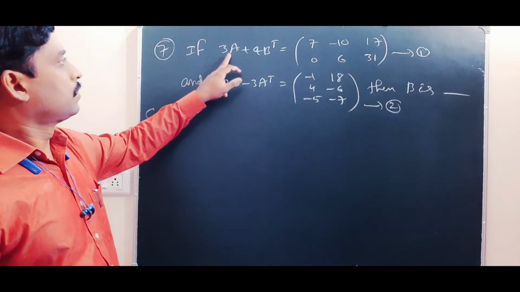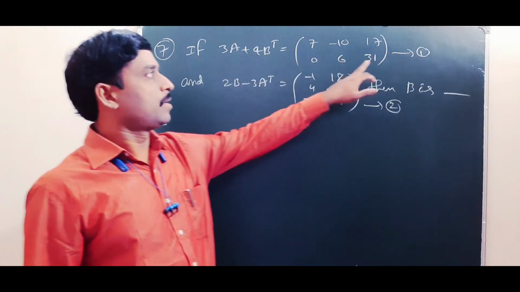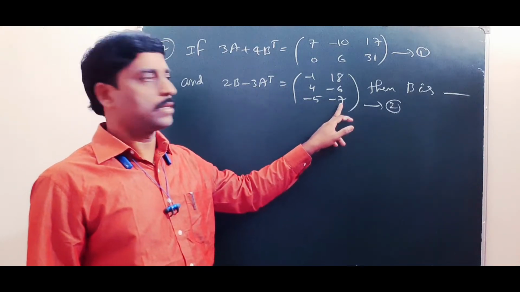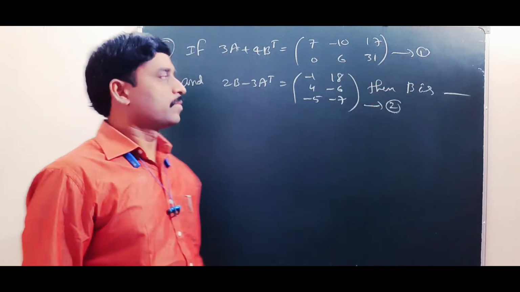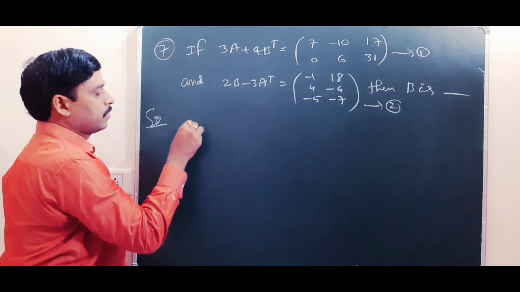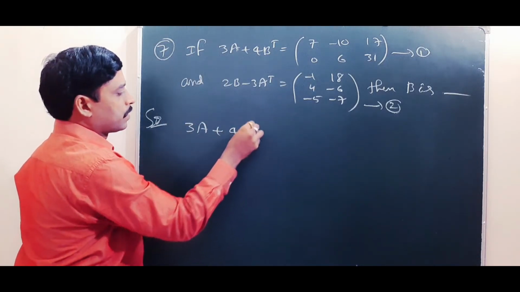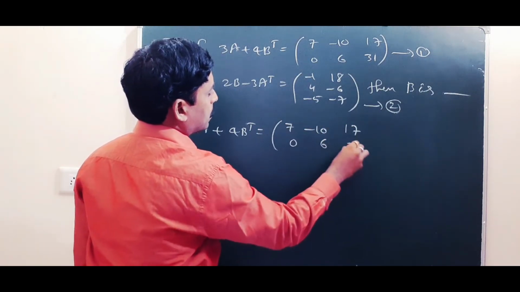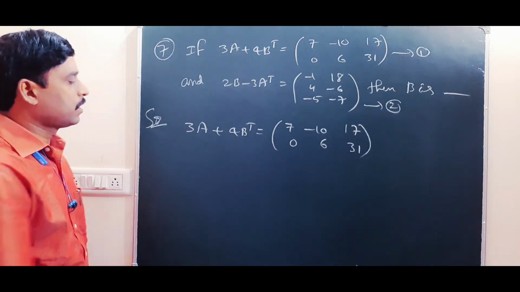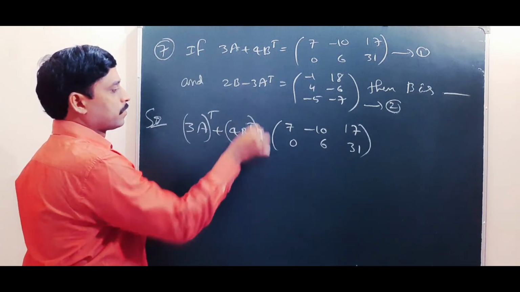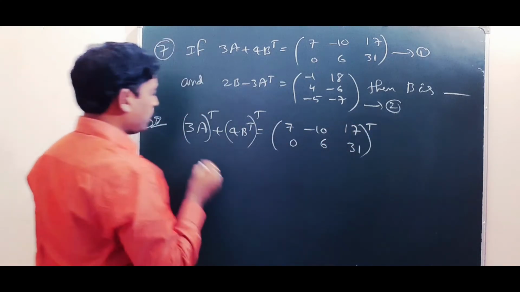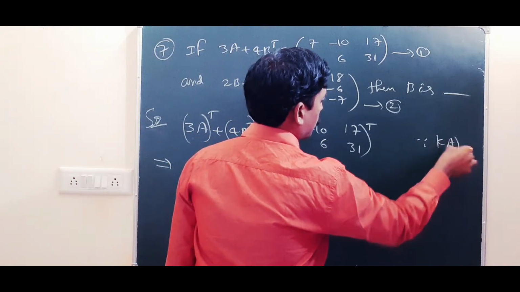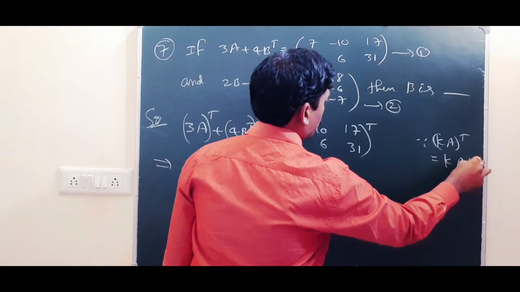Okay, look at the next question. Given (3A plus 4B) transpose equals a 2 by 3 matrix, and (2B minus 3A) transpose equals a 3 by 2 matrix, we have to find matrix B. Let us take equation 1: (3A plus 4B) transpose equals 7, minus 10, 17, 0, 6, 31. Taking transpose on both sides, we have (3A) transpose, and (KA) transpose equals K into A transpose.